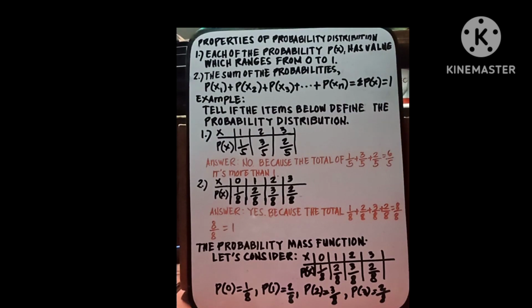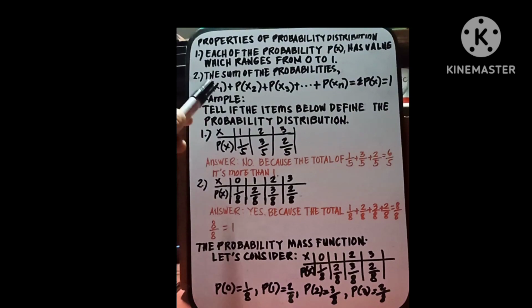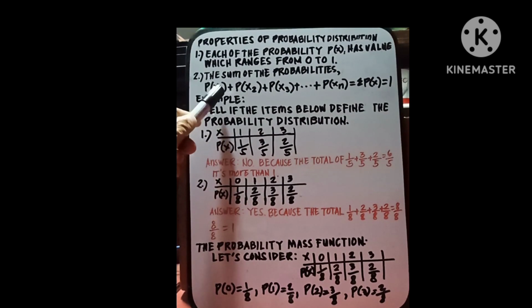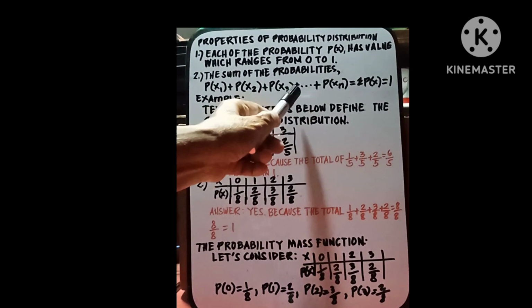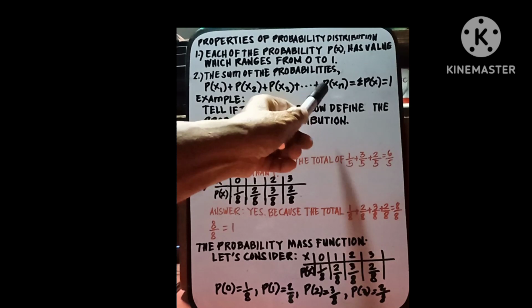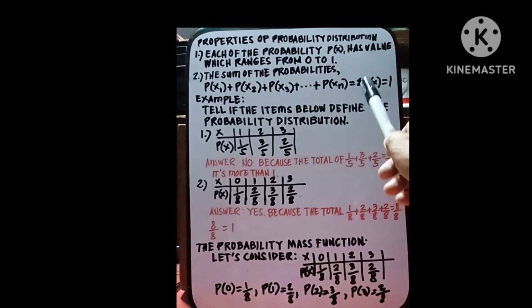So it is just in the range of 0 to 1. Number 2, the sum of the probabilities is 1. So P of x1 plus P of x2 plus P of x3 plus up to P of xn, or the summation of P of x, equals 1.